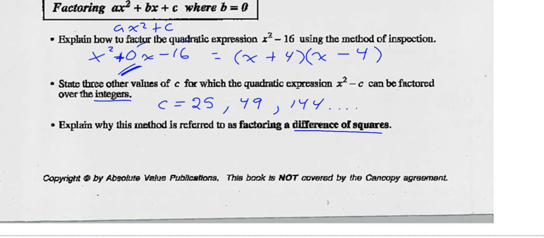Well, if you think of it, x squared minus any of these numbers, the first term, x squared, is a perfect square. And c, if you want to factor it as a difference of squares, c must also be a perfect square.